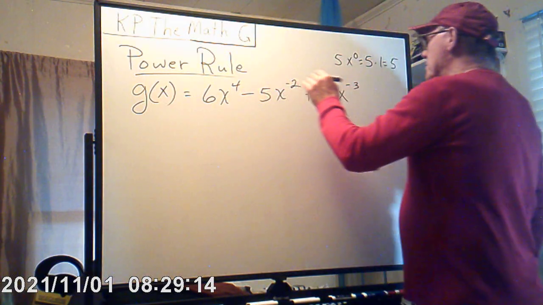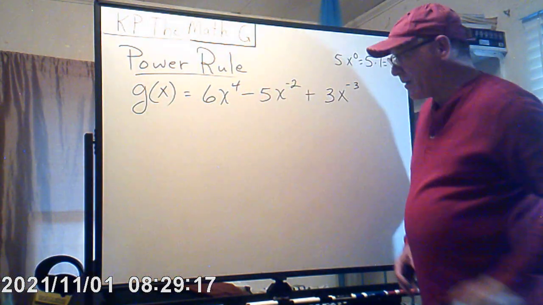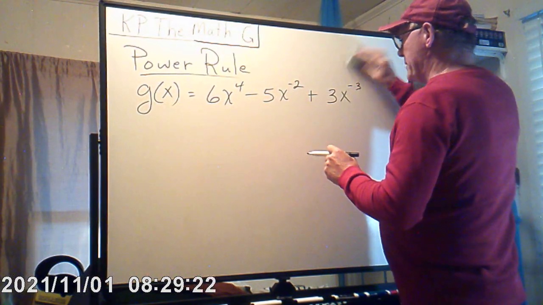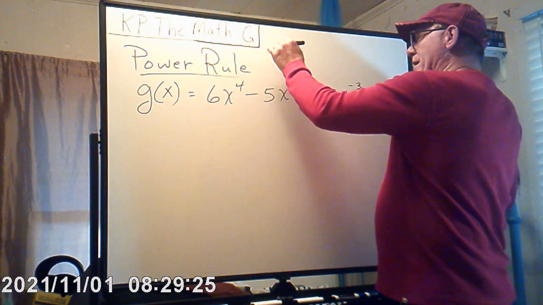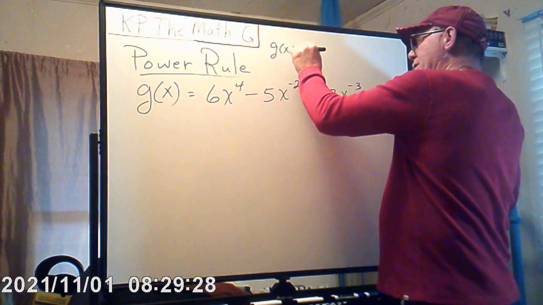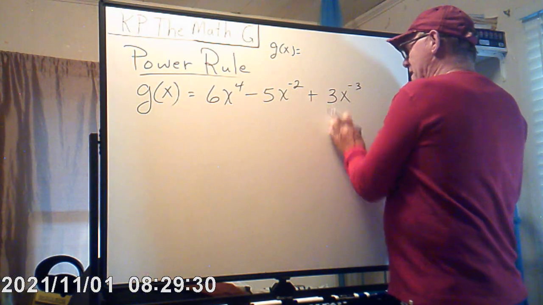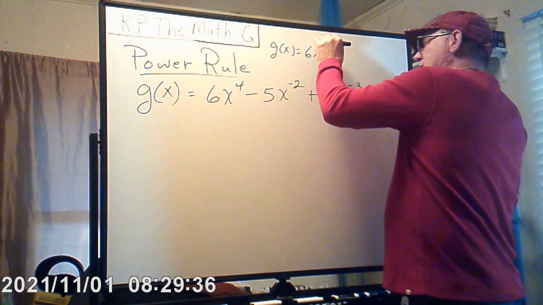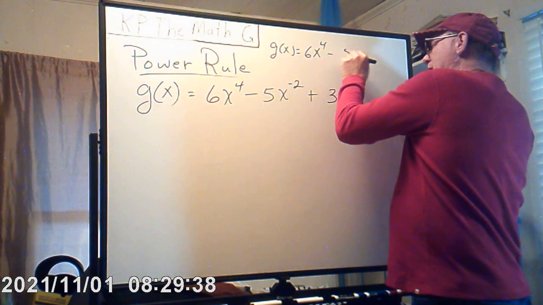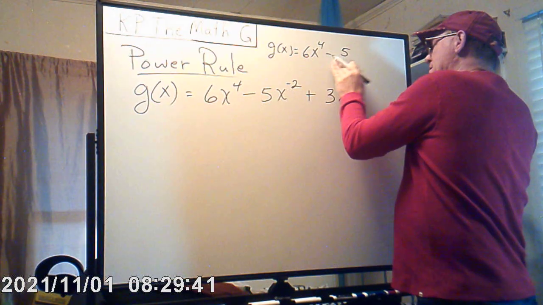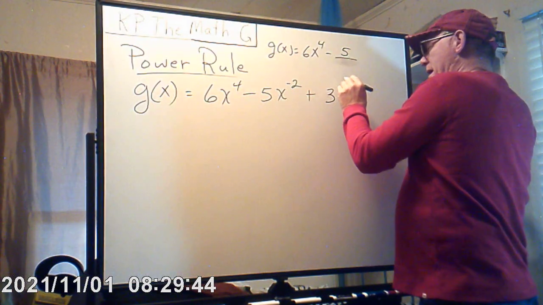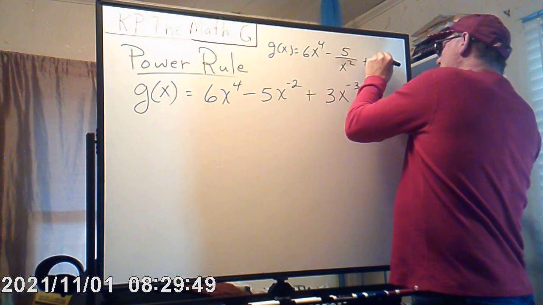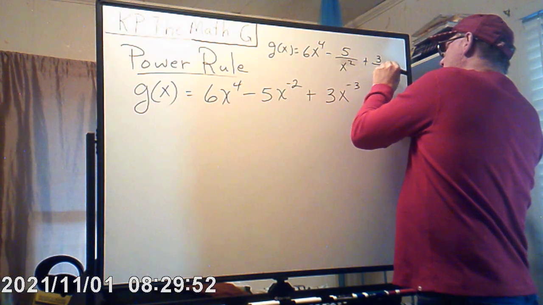If we have g at x, I can rewrite this so that the negative exponents are positive: 6x to the 4th power minus 5 over x to the positive 2 plus 3 over x to the positive 3.